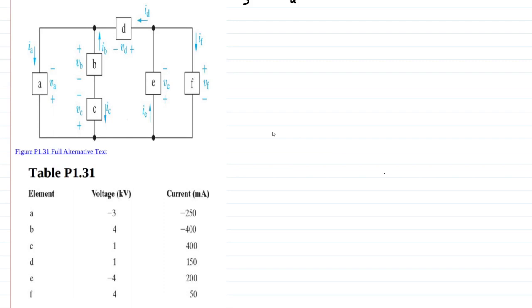So once again, we start by checking the direction of the current. If the current flows from negative to positive, then our power equation is going to have a minus up front because it is implicitly supplying power.